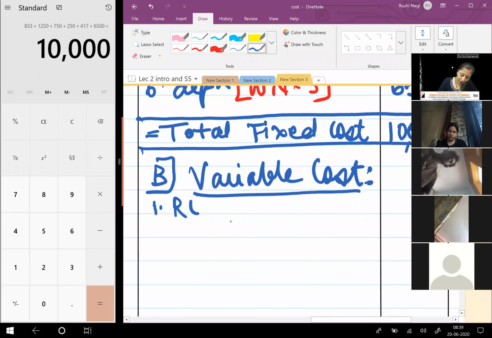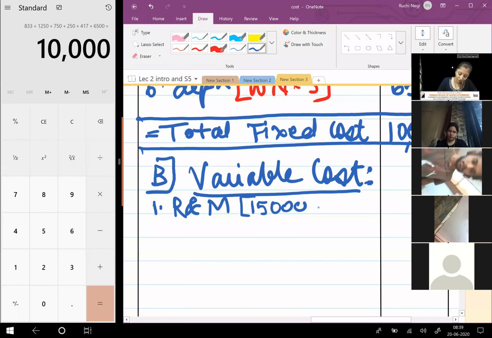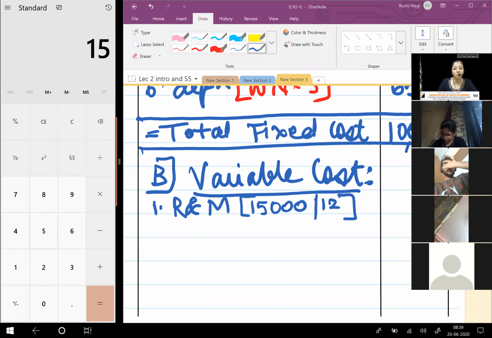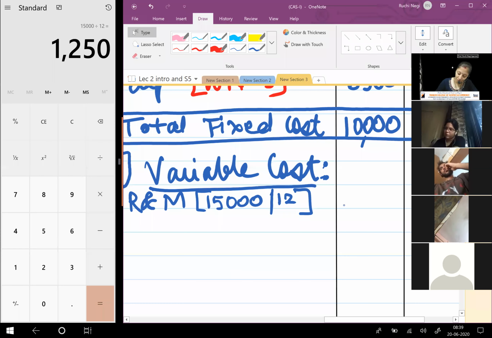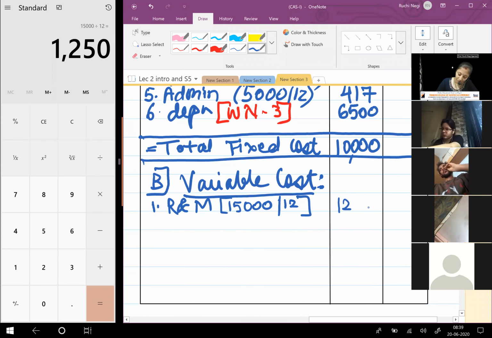This abbreviation is allowed, R and M capital. So 15,000 divided by 12, because it is annual and we want to convert it into monthly. That is 1250. So write it here, 1250.